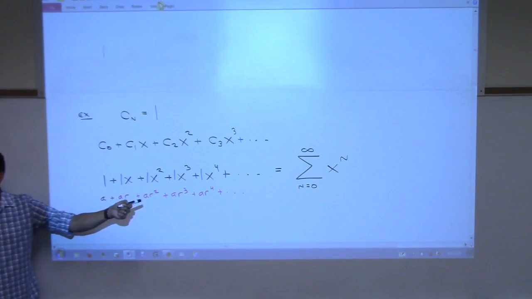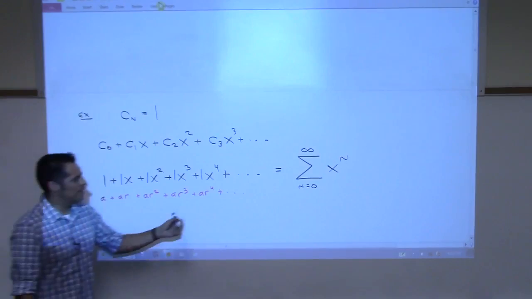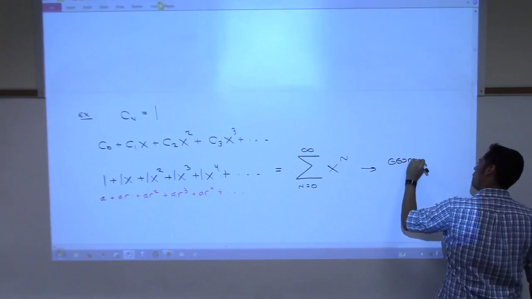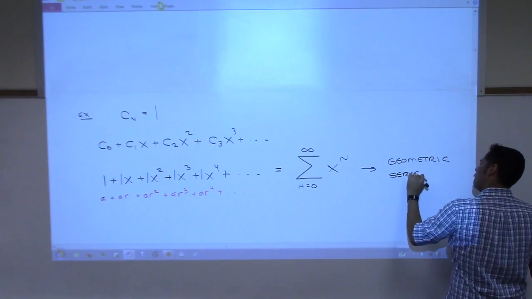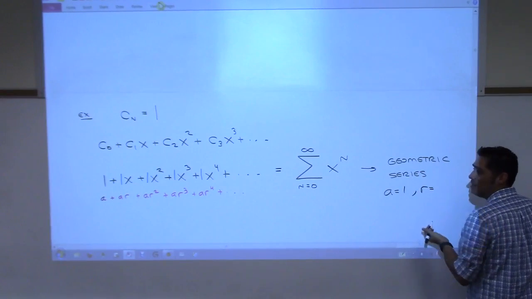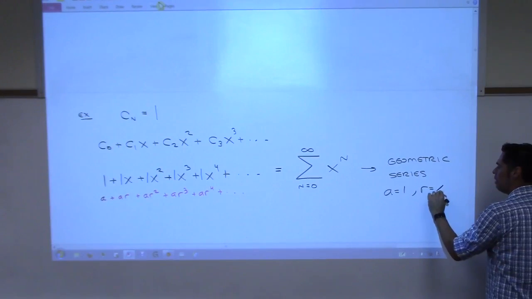See the geometric? What's A? 1. What's R? x. Right? So this right here is basically a geometric series with A being 1 and R is actually a variable right now instead of a nice fixed number. R is x.